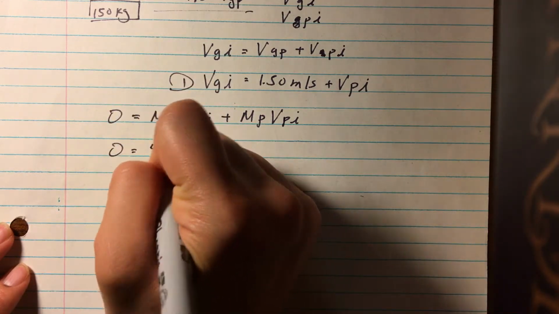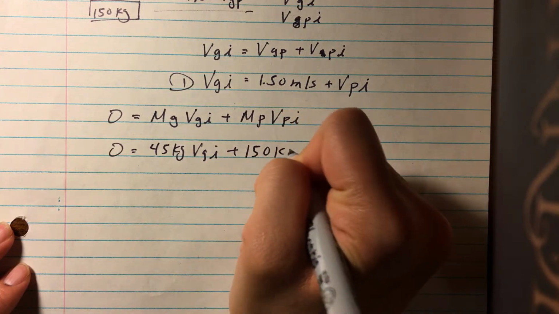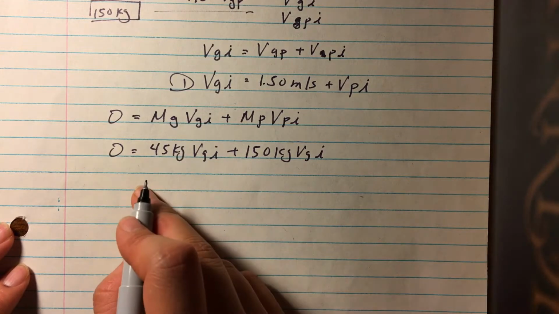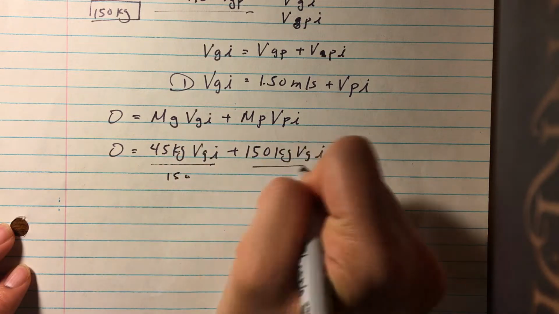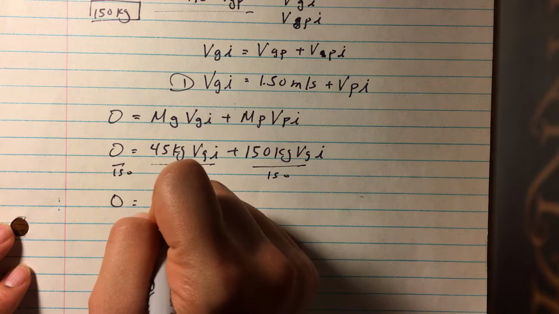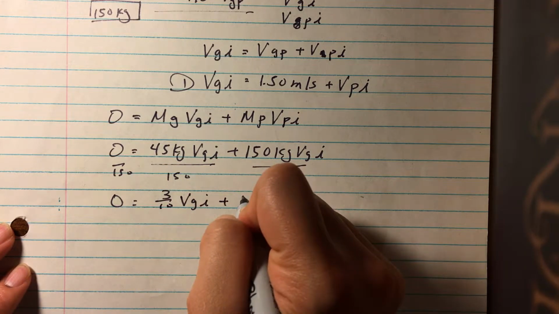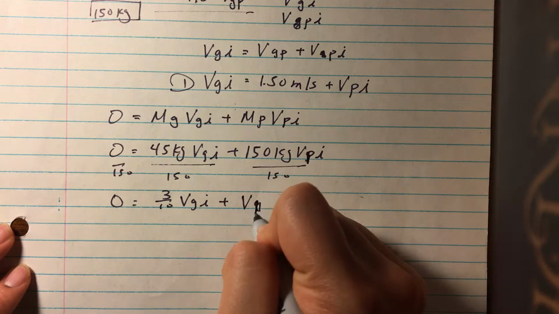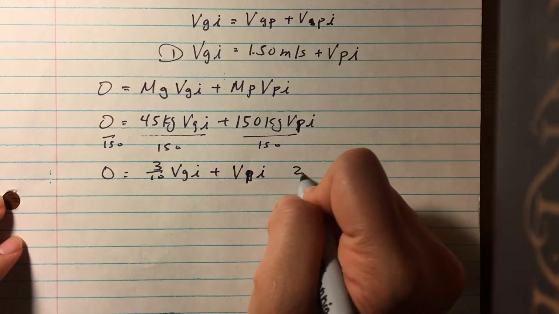So the mass of the girl is 45 kilograms and the mass of the plank is 150 kilograms. And that is your second equation. You can simplify it by dividing it by 150. And that would give you 3/10 VGI plus VPI. And this is your second equation.